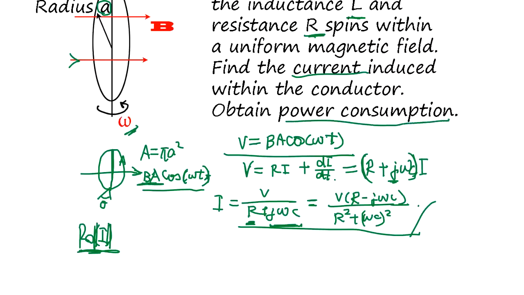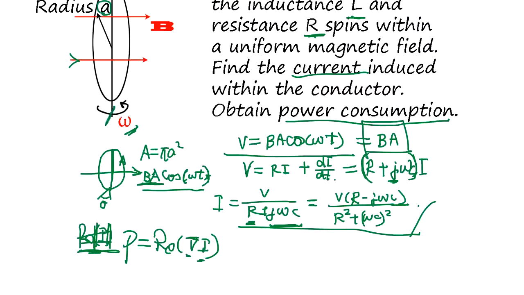Power consumption. The power consumption is actually the real part of VI in alternating current. That means V and I can be complex, and actually this is going to be V times I using imaginary numbers, because we assume it starts with zero angle.